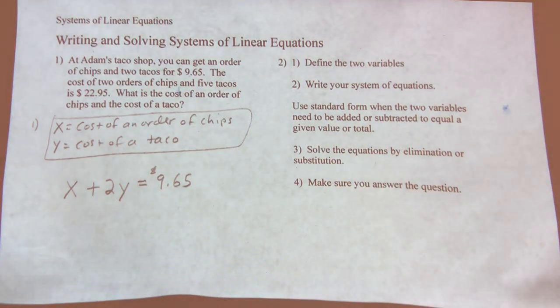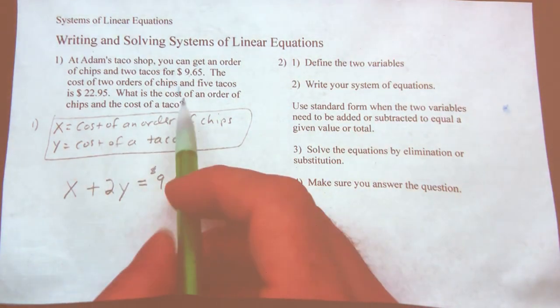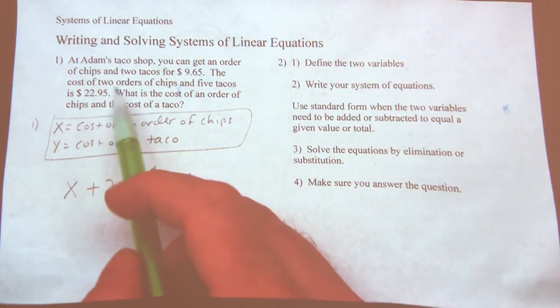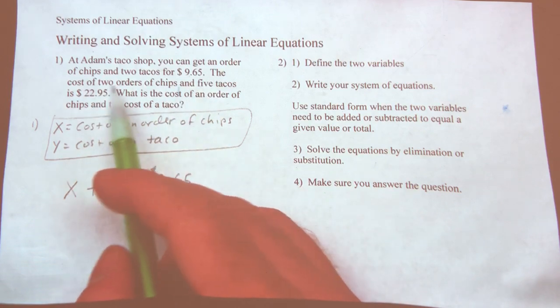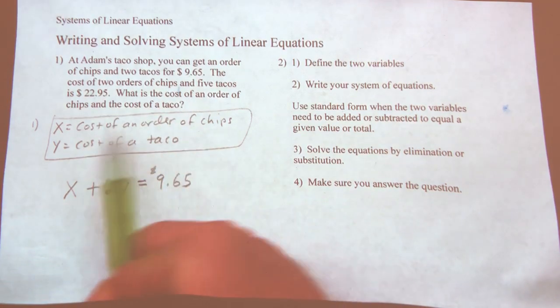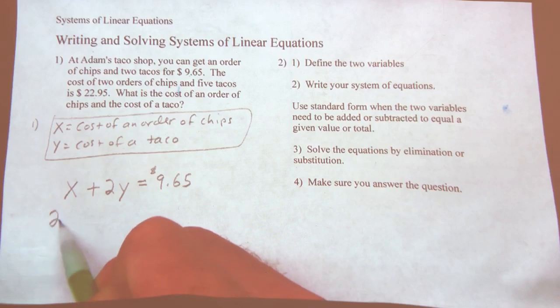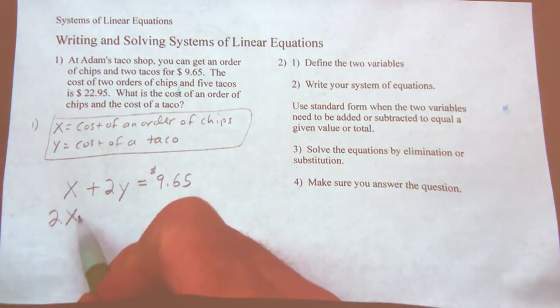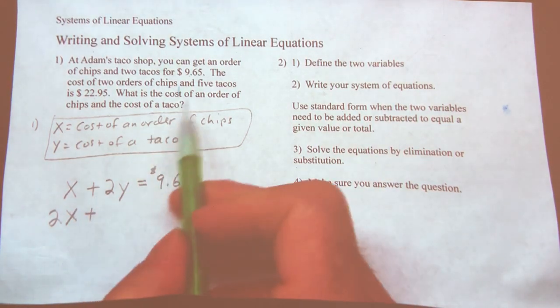Now, as a system of equations, there are 2 equations here, so we have to write another equation. We have some more information here. The cost of 2 orders of chips. We said that chips are x, so the cost of 2 orders of chips we'll represent with 2x, or 2 times x.